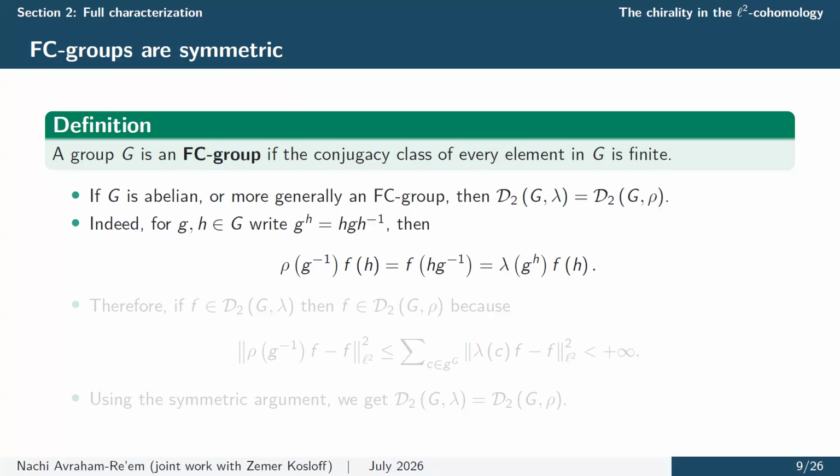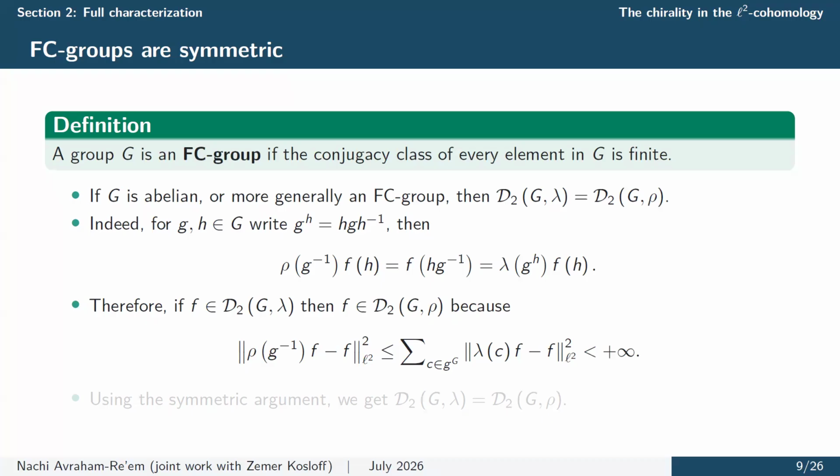Now, if I have a function which is a cocycle for the left regular representation, then it is also a cocycle for the right regular representation, because when looking at this L2 norm, it is bounded by all possible conjugates that the element G has, which are just finitely many of them, and then some L2 norm which relates to the left regular representation.